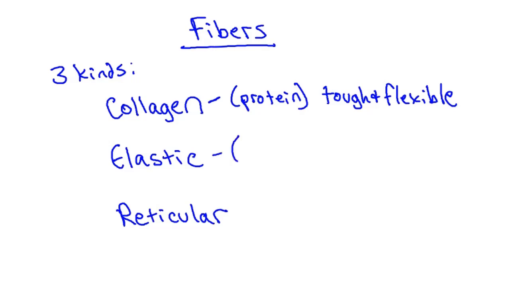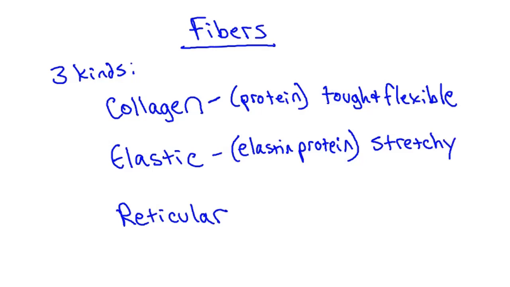Now, elastic is a type of protein called elastin, and that's what provides it with its stretchiness. So you can stretch it, and obviously because of the name, elastic is just that, it's elastic, so it's stretchy.